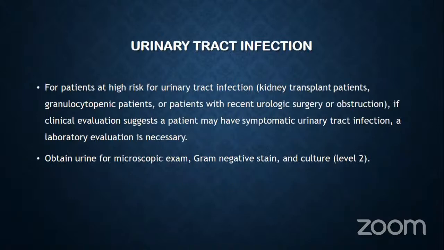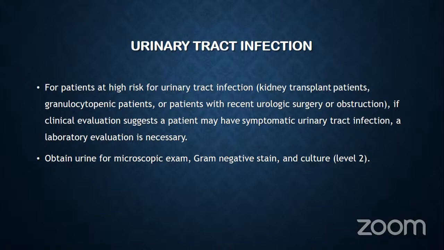In urinary tract infection, consider patients at high risk, mostly post-kidney transplant or granulocytopenic patients with recent urological surgeries or obstruction. If clinical evaluation suggests a patient may have symptomatic urinary tract infection, a laboratory evaluation is necessary.